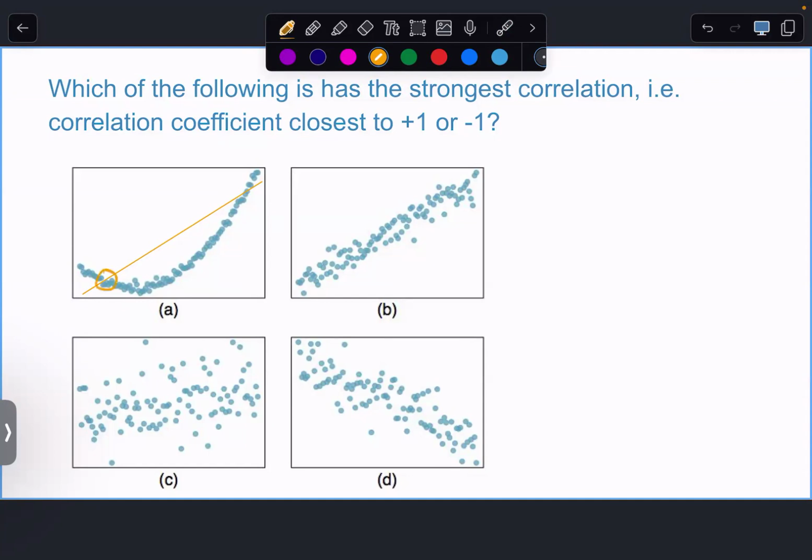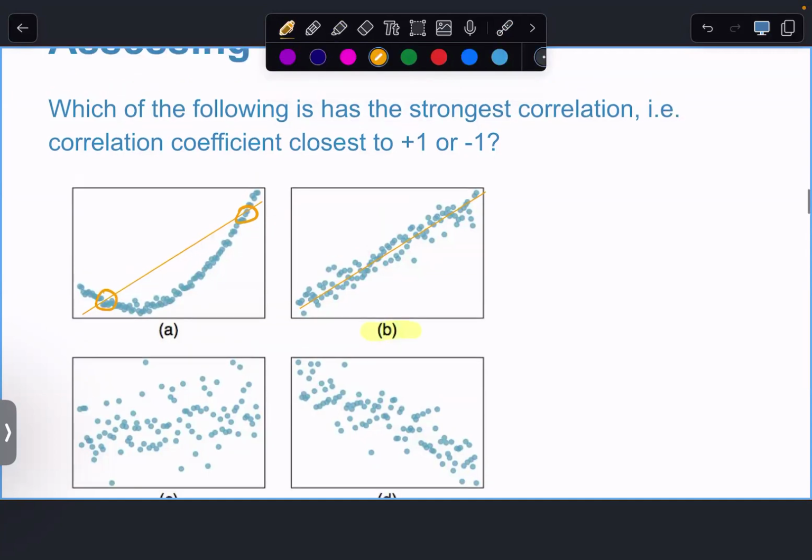Now, except for here and here, where the points are very close to that line, everywhere else, they're really far from that line. So that's the danger, is that you might be calculating a correlation for a nonlinear relationship. It'll do it, but it'll be low, right? Whereas here, we have this linear relationship, and compared to the rest of the graphs, those points are the closest to the line, and so it'll have the highest correlation.